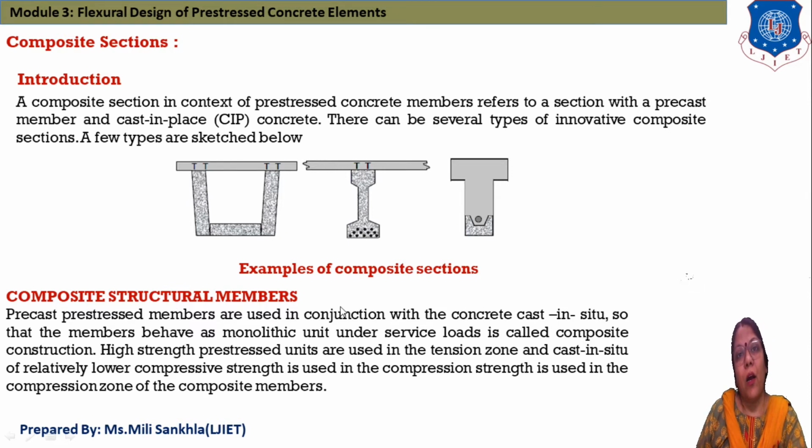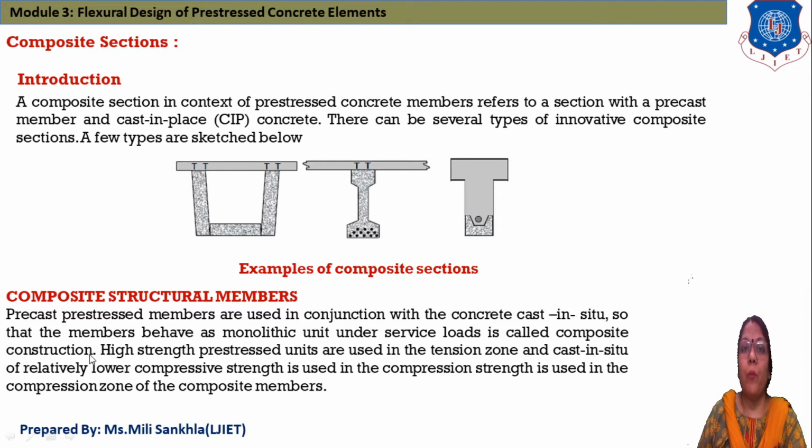In a composite structural member, precast prestressed members are used in conjunction with concrete cast in situ, so that the member behaves as a monolithic unit under service load. This is called composite construction.